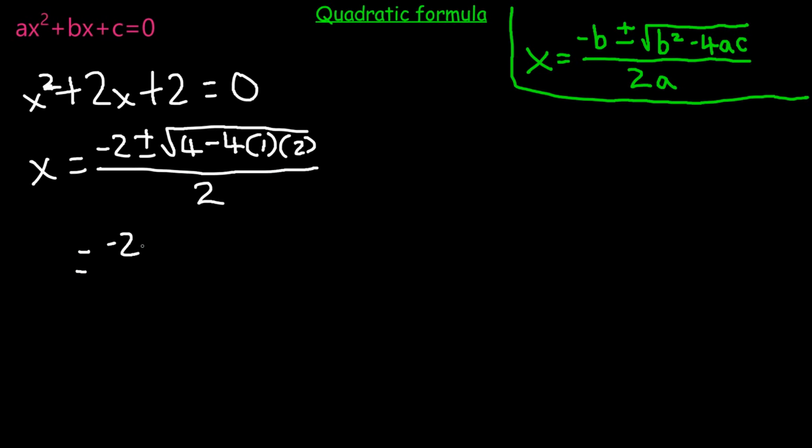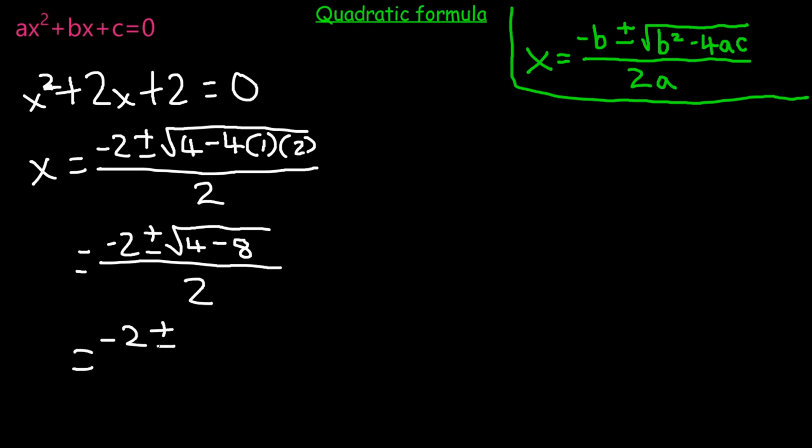Simplifying this, we have negative 2 plus or minus the square root of 4 minus 4 times 1 is 4 times 2 is 8, divided by 2, which is equal to negative 2 plus or minus the square root of, oh dear, we have a negative number here. 4 minus 8 is minus 4 divided by 2.